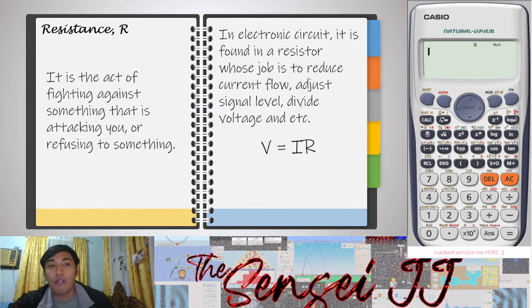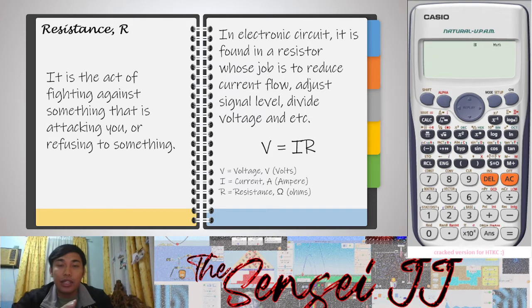Okay, so we have our formula for resistance, which is V equals IR. Here V is voltage in volts, I is our current in amperes, and resistance has a unit of omega, or ohms in other terms.